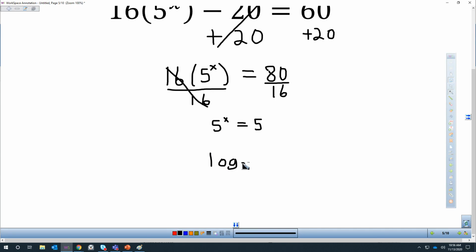Log base 5 of 5 is equal to x. Now log base 5 of 5 is equal to 1, because how many times do you multiply by 5 to get 5? Do it one time, or 5 to the first power is 5. So x is going to equal 1.